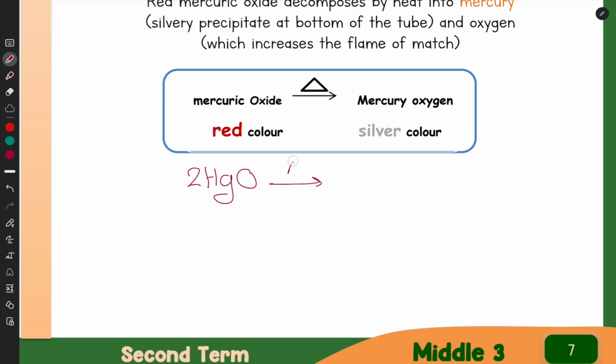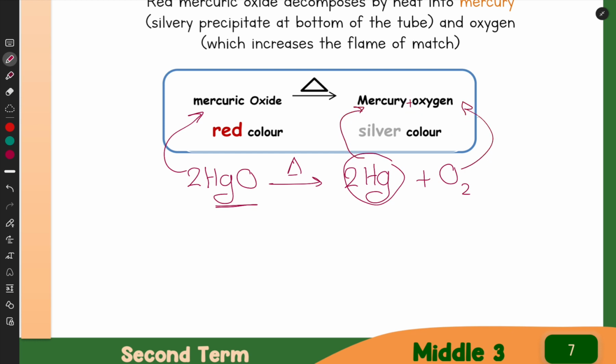When I heat it, we will produce 2Hg plus O2. HgO is mercuric oxide, Hg is mercury, and O2 is oxygen. So these are the thermal decomposition of some metal oxides.